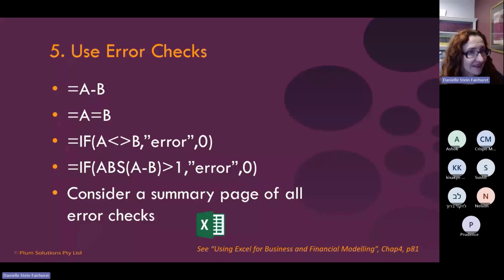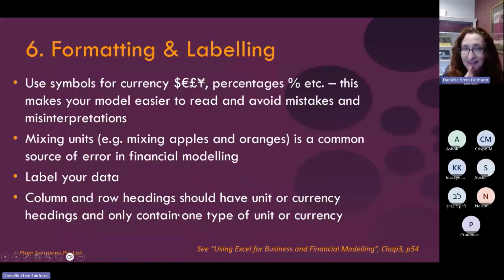All right. So lastly, in terms of best practice, formatting and labeling. Probably one of the most common errors in financial models is mixing up units, like dollars and pounds or euros, or mixing up kilometers and miles.